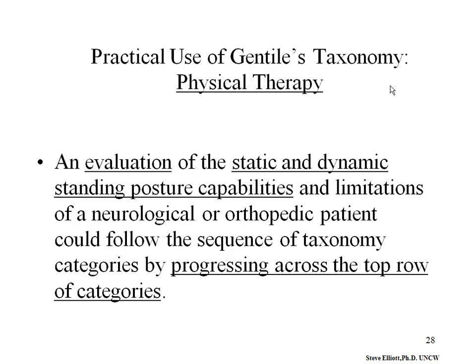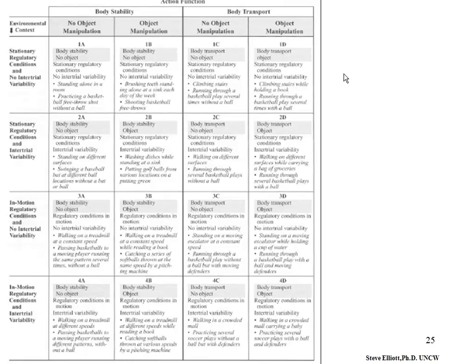And I think this is actually from the textbook, so page 21 suggests that if we look at category 1A, can they stand without assistance? That's category 1A. Let's go back to that as we talk about it.